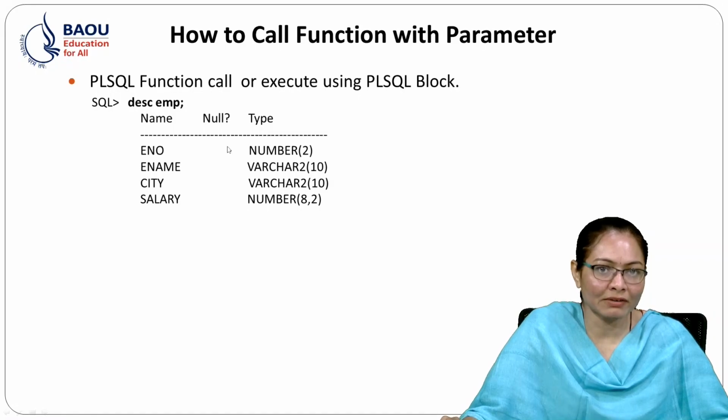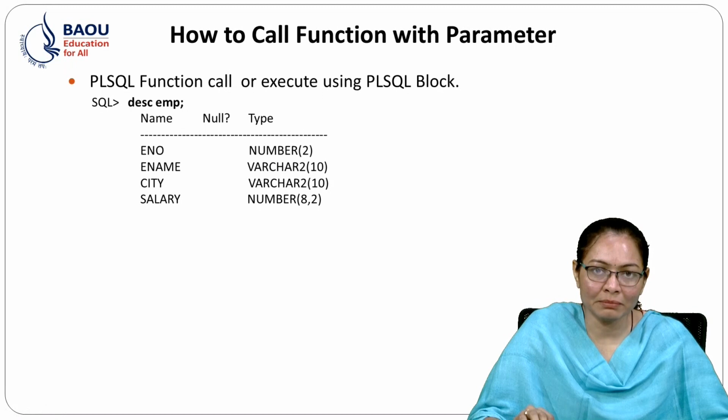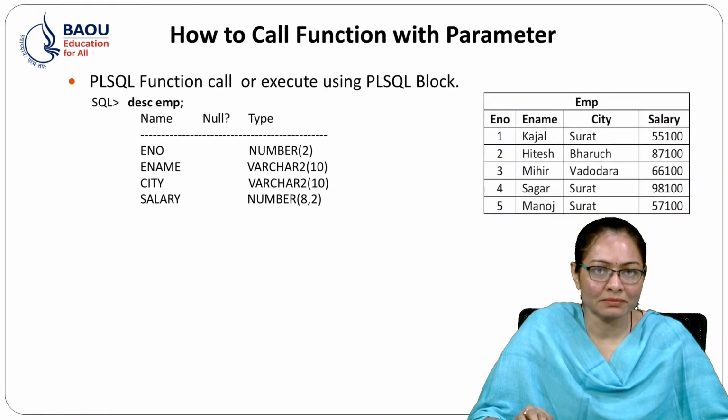We see the data type and size of the columns employee number and employee name in the employee table. Employee number has a number data type with size 2, and employee name has a varchar2 data type with size 10. Thus we declare two variables, n for a number and nm for a name, with the same data type and size as the columns of the employee table.